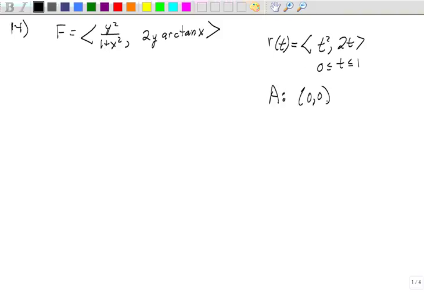So one endpoint where it starts at is 0, 0, and the endpoint that it ends at is 1, 2. That's when t is 1. So this is fx, this is fy. Those are both continuous.